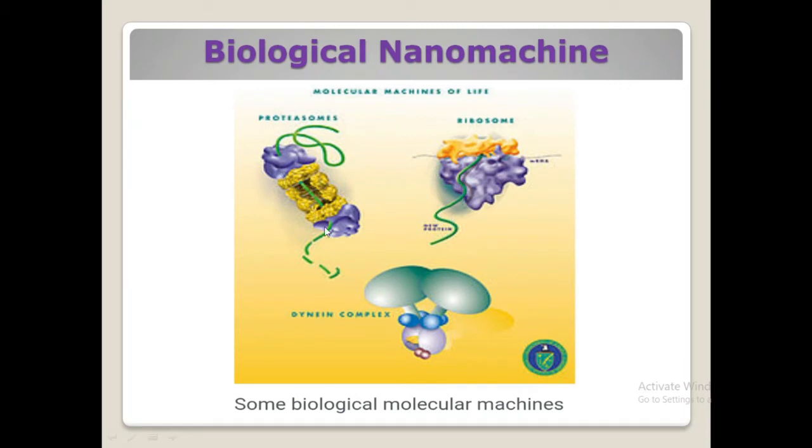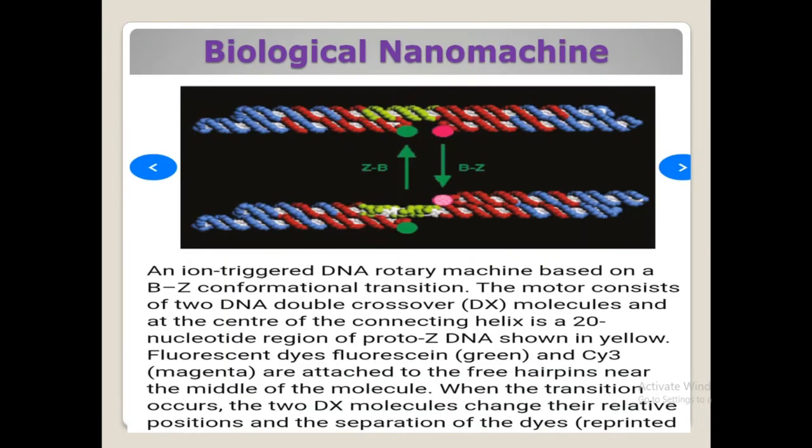In the proteasome also, you see this green color one, an amino acid sequence. And this other one is the dynein complex, which is present in microtubules or cilia and flagella. This is one of the biological molecular nanomachines. So all three are examples of molecular biological nanomachines.